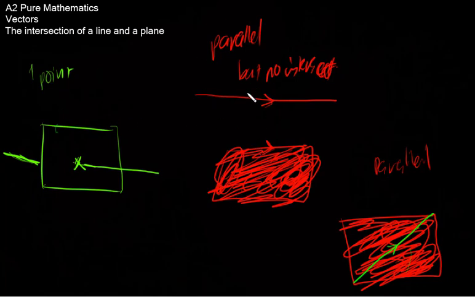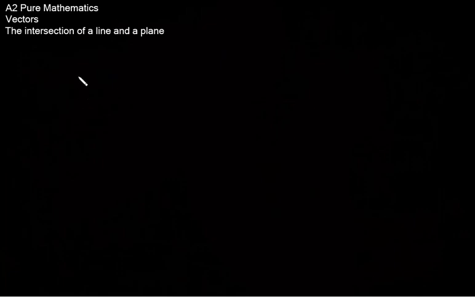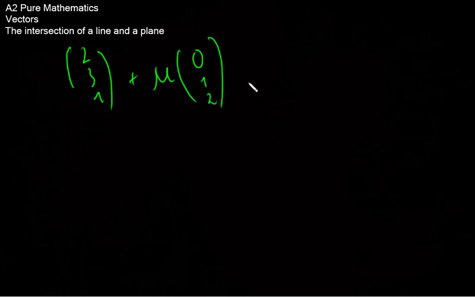Let me show you how you're supposed to do it. Let's say you're asked to find if the line r = (2, 3, 1) + mu (0, 1, 2) intersects with the plane 5x - y + z = 3.